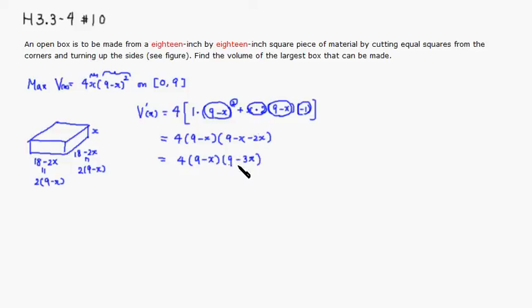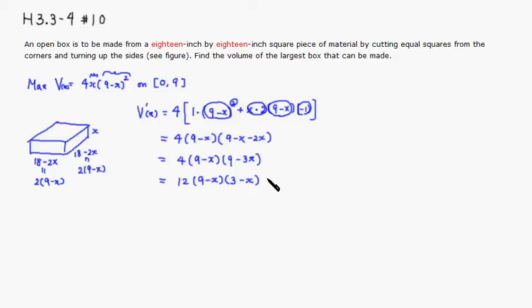So 9 and 3x have a 3 in common, so I'll pull out 3. So 3 times 4 is 12. You still have the quantity 9 minus x, but since 3 is factored out from 9, it's 3, and 3 factored out from negative 3x would be negative x. We have that.